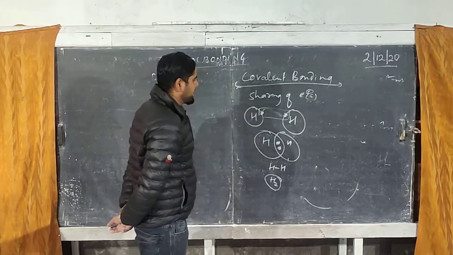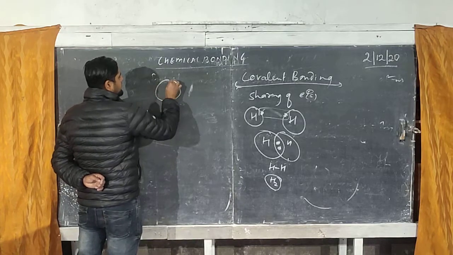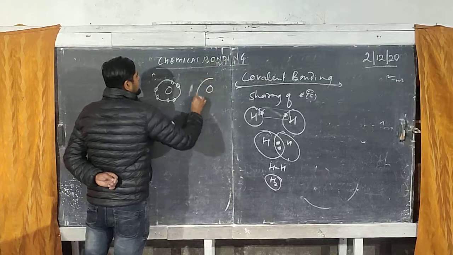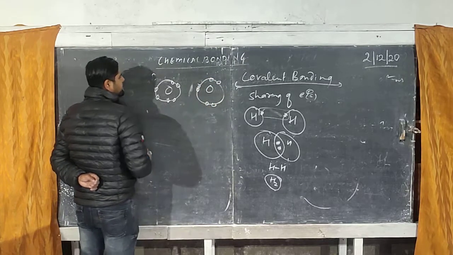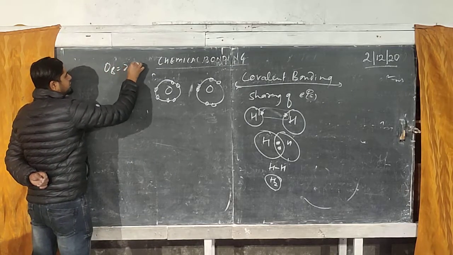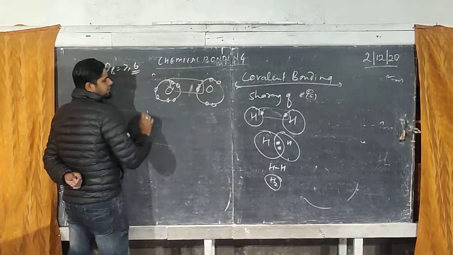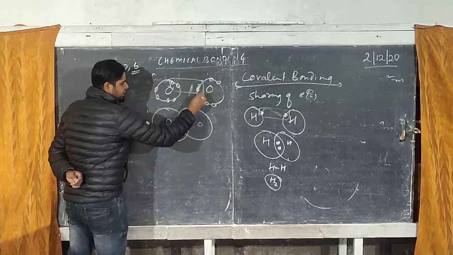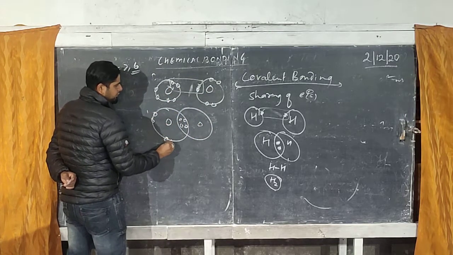Okay. Similarly, let us do oxygen gas. Oxygen: 1, 2, 3, 4, 5, 6. Outermost 6. Yes or no? Oxygen is 8, so 2, 6. Outermost 6. Sharing of 2 electrons. So oxygen shares electrons like this, 1, 2, 3, 4.